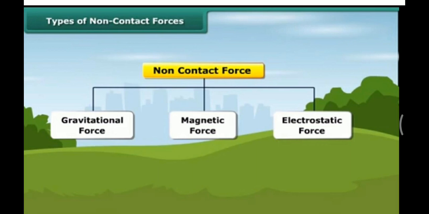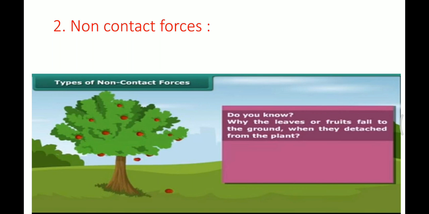Now, the non-contact force, as I have already told you, is further divided into gravitational force, magnetic force and electrostatic force. Now, do you know why the leaves or fruits fall to the ground when they detach from the plants?